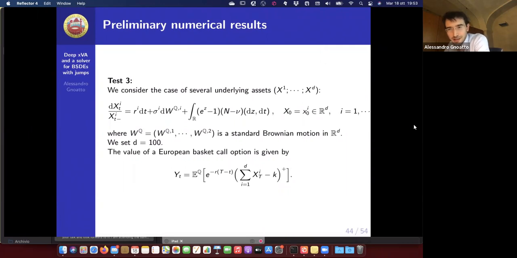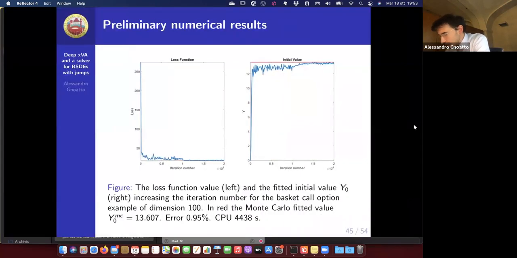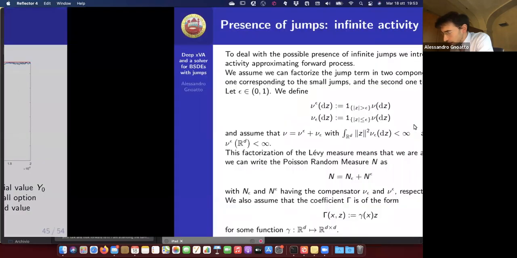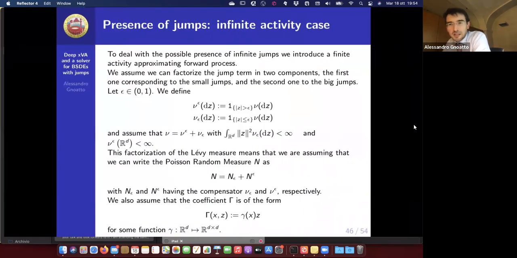So I take 100 Merton jump diffusions and I compute again the price of a basket option. And again, I have good results. I can approximate the price quite well. We have encouraging results, even though the computational time, of course, increases because now we are in a very high-dimensional setting.